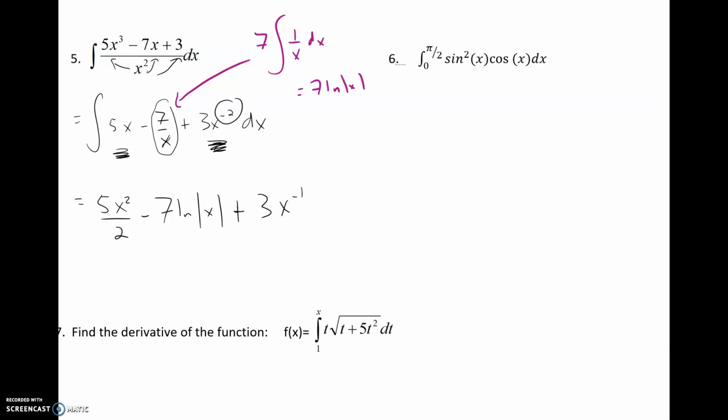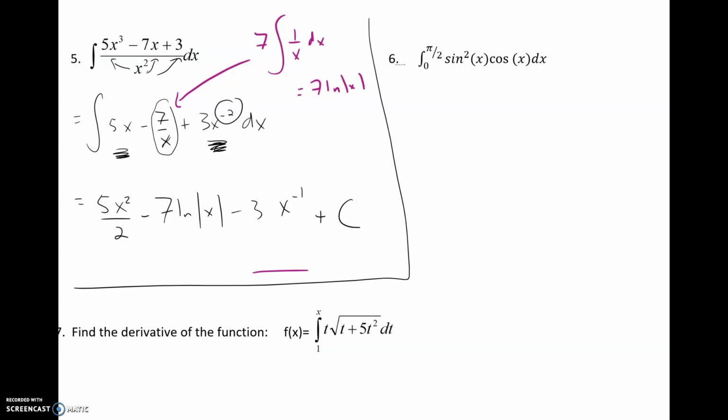If you add 1, you get a negative 1, then divide by that new power, plus c. So that's my answer. The only thing I would change is this term. Plus 3 divided by negative 1 would be just negative 3. So let's make that look a little nicer, and that should just say minus 3.